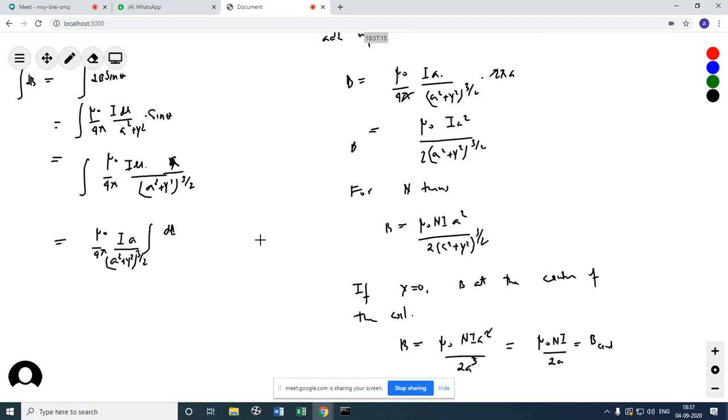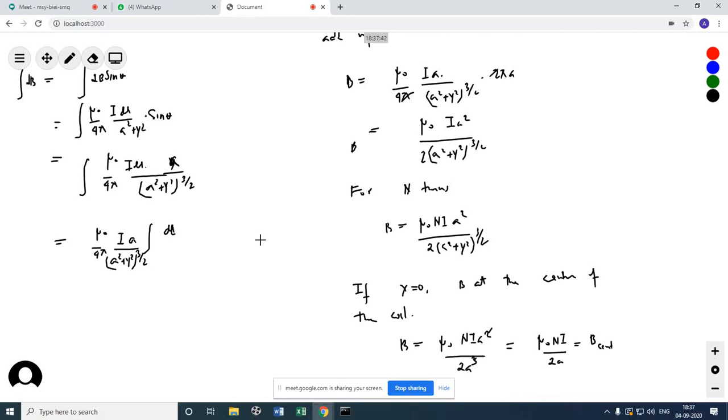B would be equal to mu naught n I a square by 2 a cube. Clear? So I get here mu naught n I by 2a, which is what we have found out earlier, which is equal to B at the center, right?